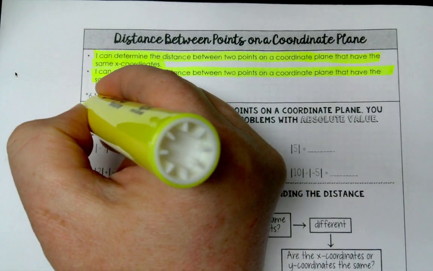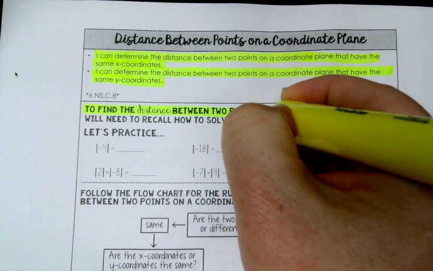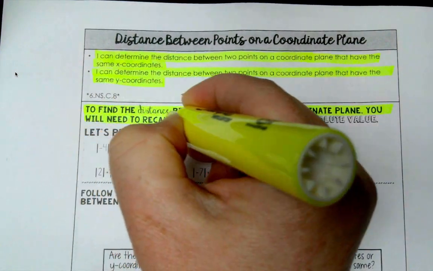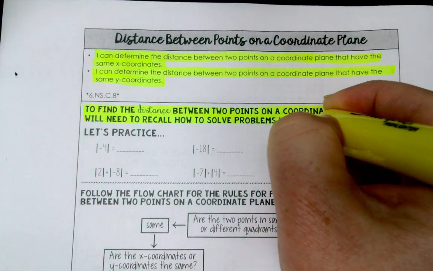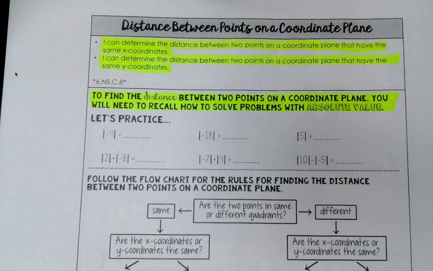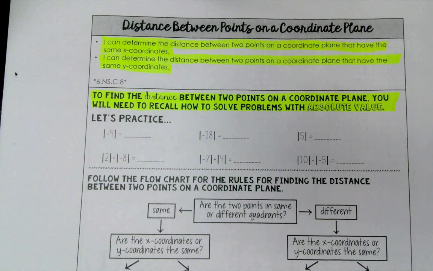So one thing I want you to also highlight is this right here. To find the distance between 2 points on a coordinate plane, you will need to recall how to solve problems with absolute value. Okay, so we're going to review that a little bit here because absolute value has everything to do with it. And remember, absolute value is always positive.